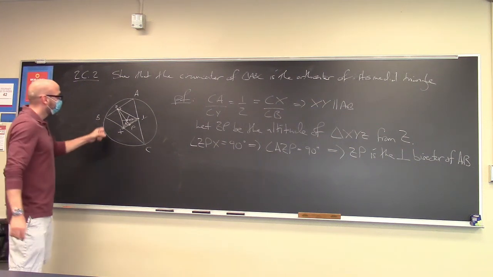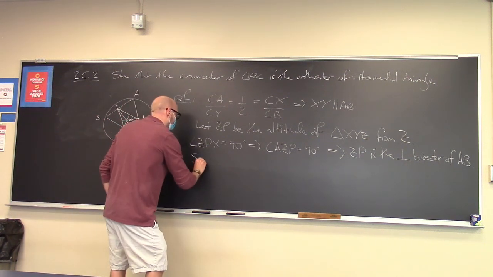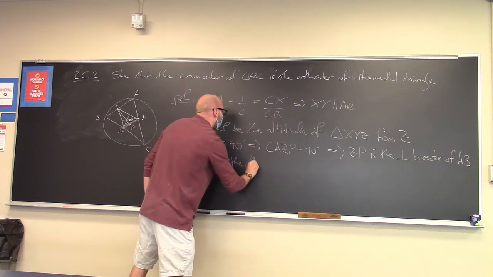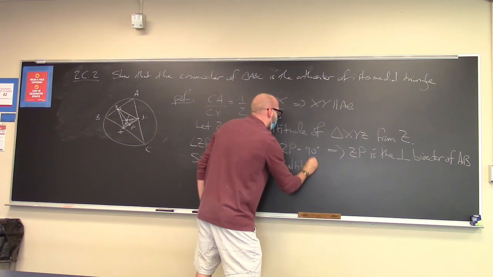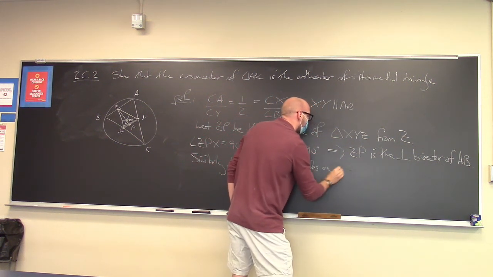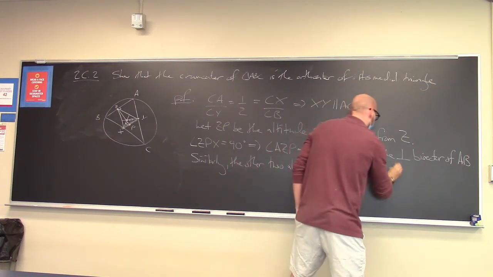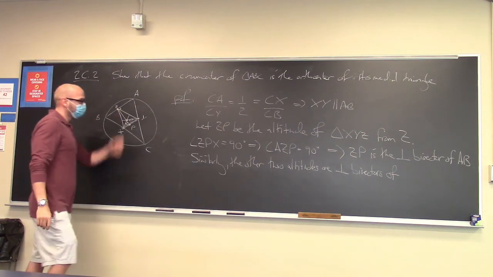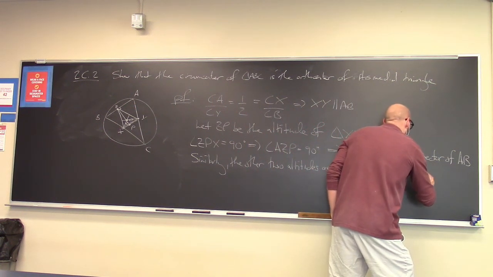Similarly, the other two altitudes are perpendicular bisectors of BC and AC, so the remaining two sides.